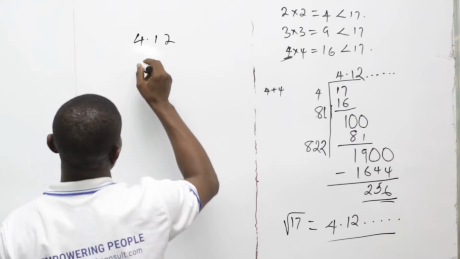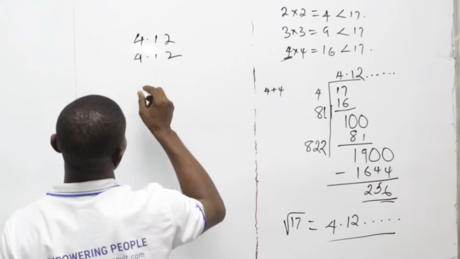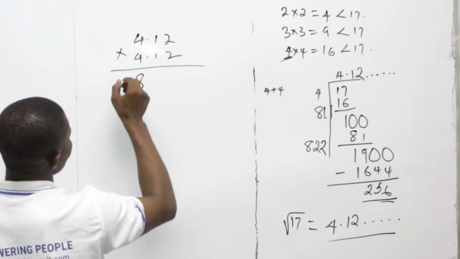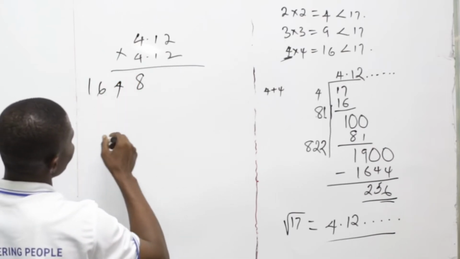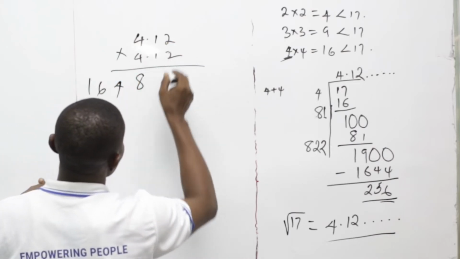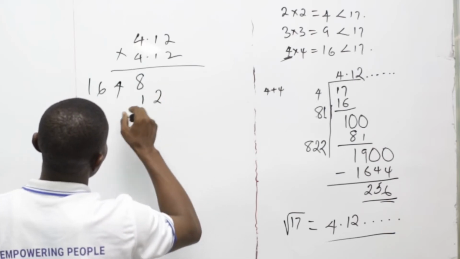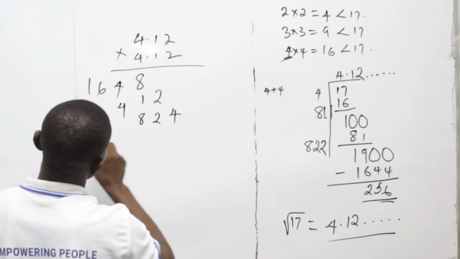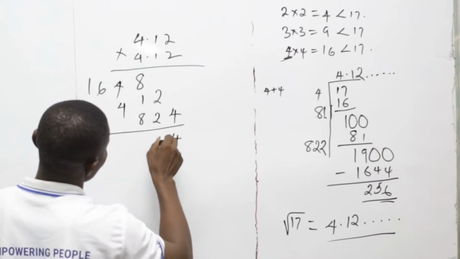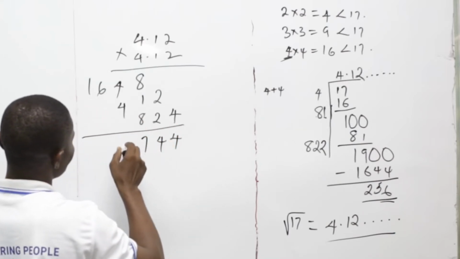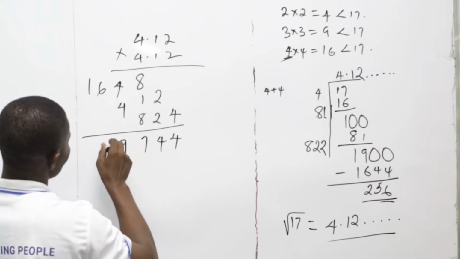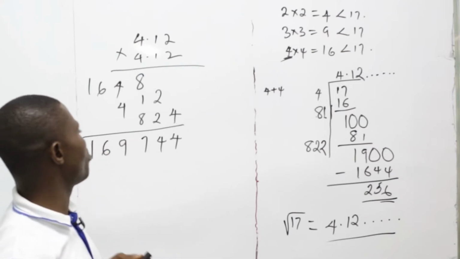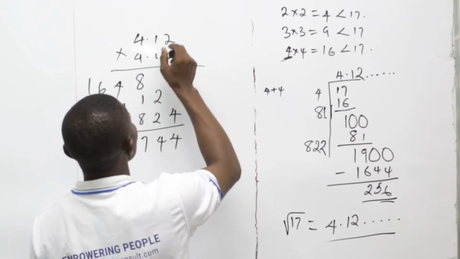4.12 multiplied by 4.12. By multiplication, this is 8, this is 4, then 16. Then this guy will go, this is 2, 1, 4. This guy will go 4, 2, 8. We'll add it up. This is 4, 4, 16, 17. This is 9. This is 6, 1. Now ask yourself, how many decimal points do you have? 1, 2, 3, 4.